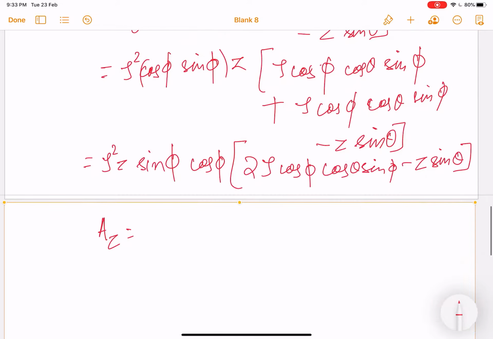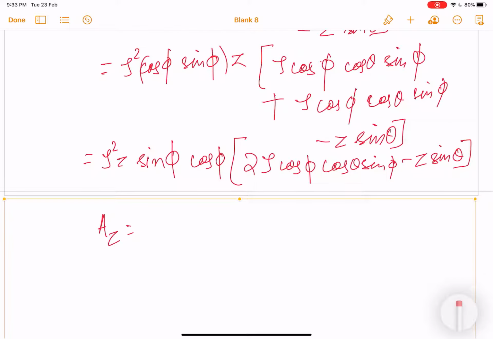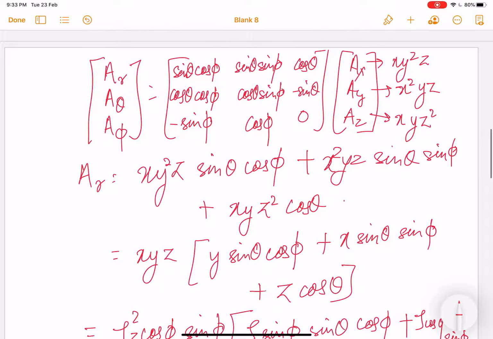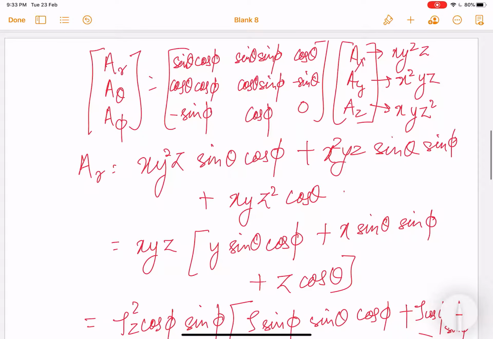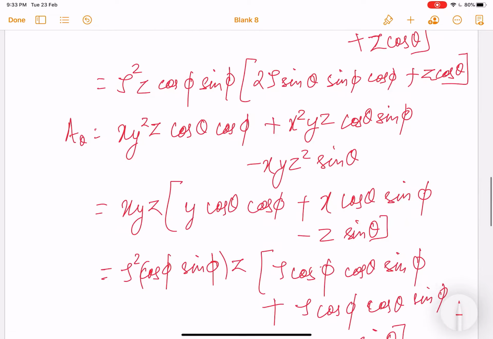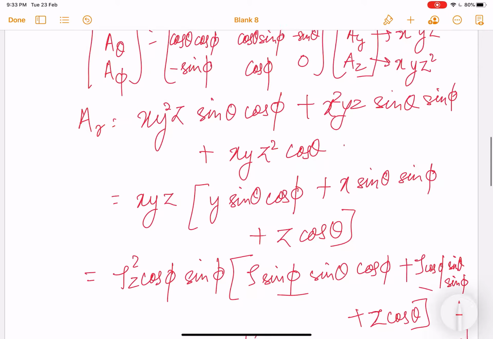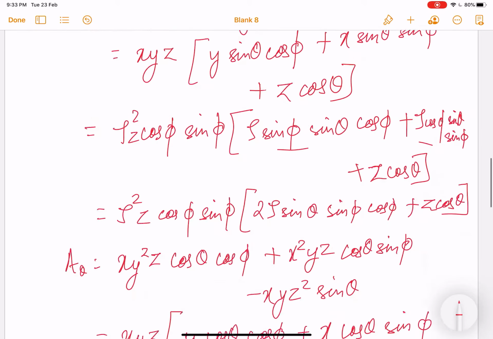Oh, I'm sorry, not A z, but this is A phi. A phi is equal to minus sine theta xy square z, minus xy square z sine phi, then plus cos phi into x square yz.